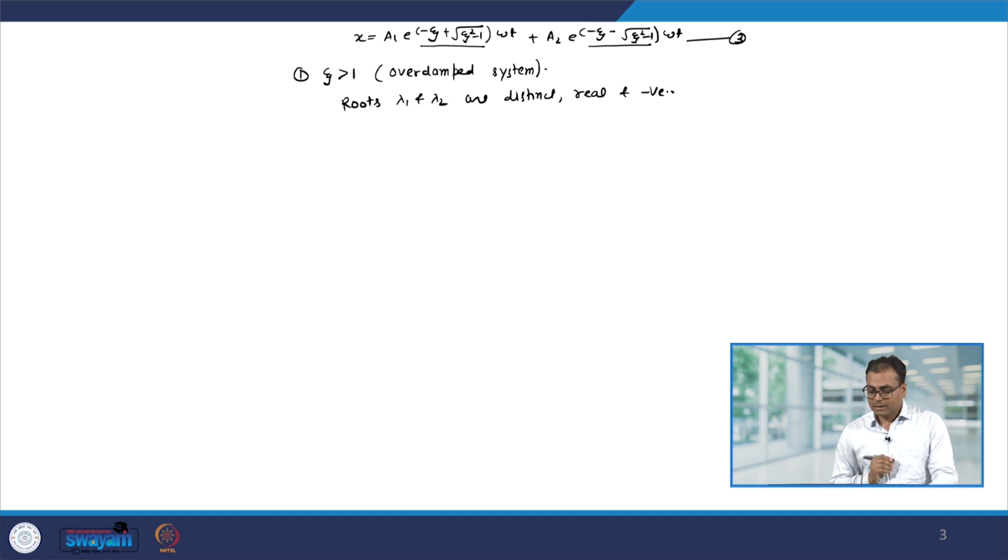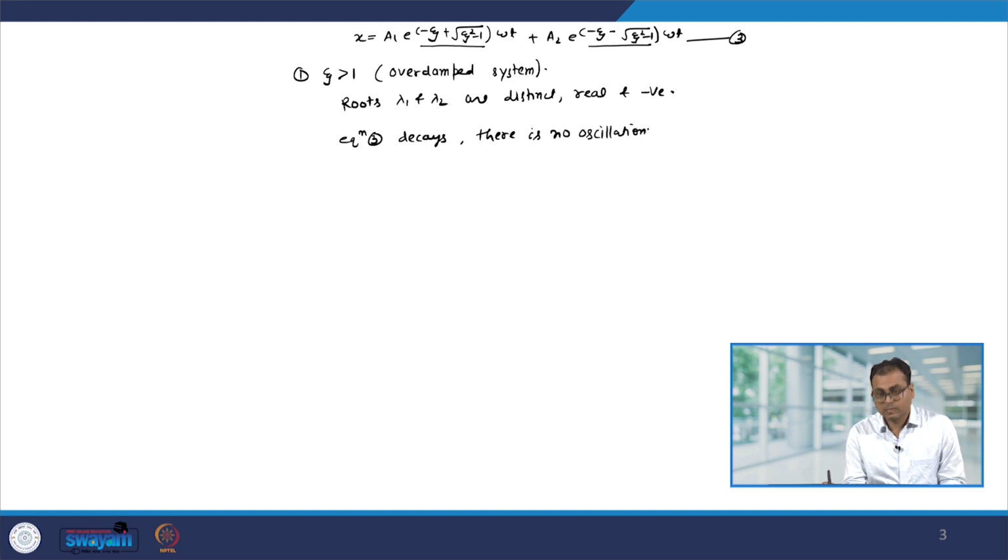Therefore, equation number 3 suggests that the value of x is going to decay exponentially. So, equation number 3 decays and there is no oscillation, or there is no periodic motion.